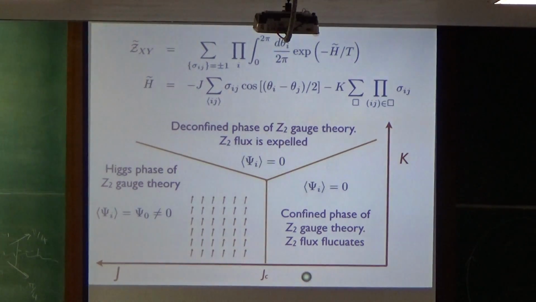It's all a question of whether this Z2 flux is fluctuating or expelled. But if you want to use a Wilson loop to measure it, there are some subtleties that I'd rather not go into. It doesn't tell you that there's a phase transition. And this you can think of as a Higgs phase of the Z2 gauge theory, because the angle, that's like a particle which carries Z2 charge, has condensed. e to the i theta has condensed.